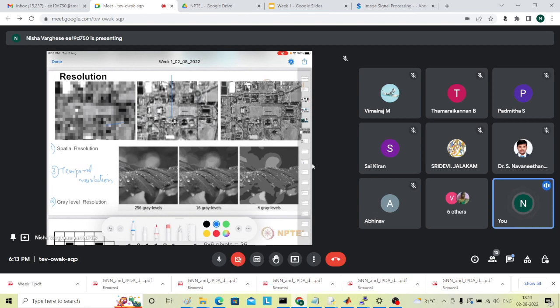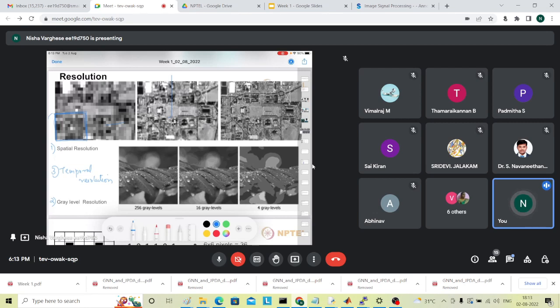Spatial resolution means, for a particular unit area, in the first image, in the marked blue area, how many pixels will be there?